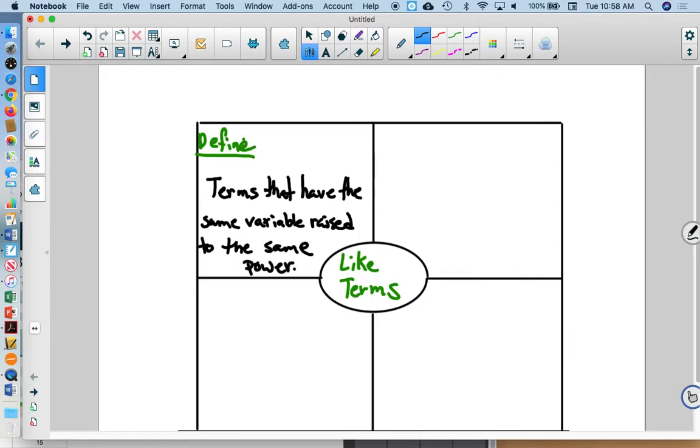Terms that have the same variable raised to the same power or the same exponent. I guess that would be another way of saying it, but power is just a little bit shorter. I like that. Okay, power and exponent being the same.